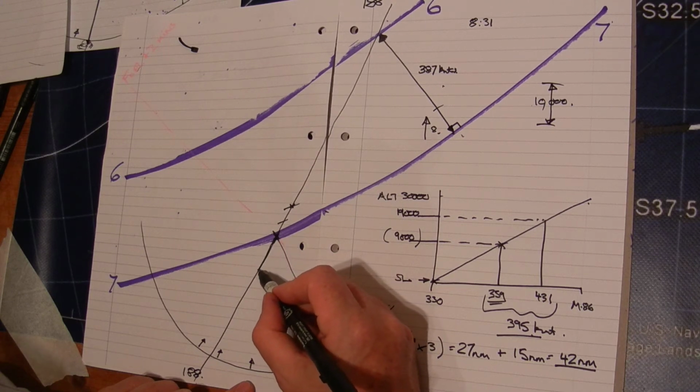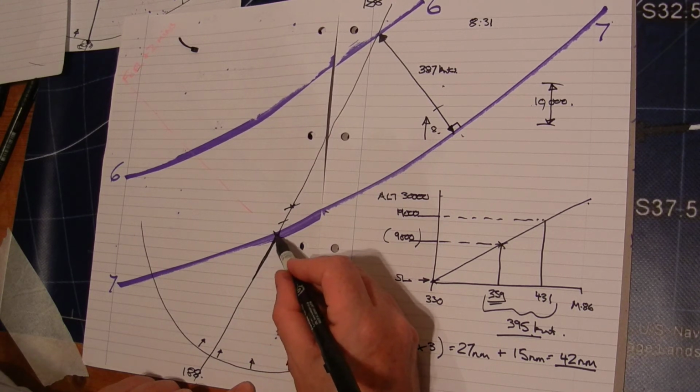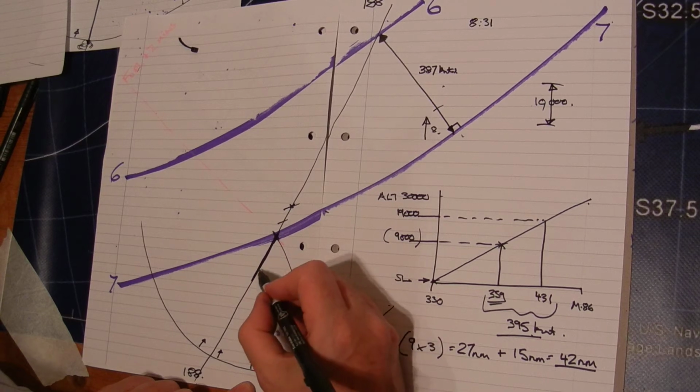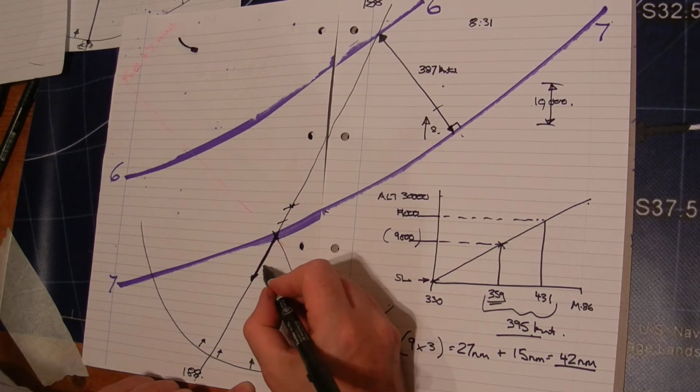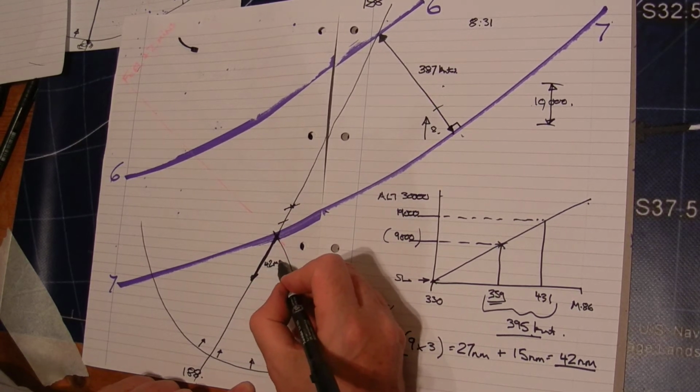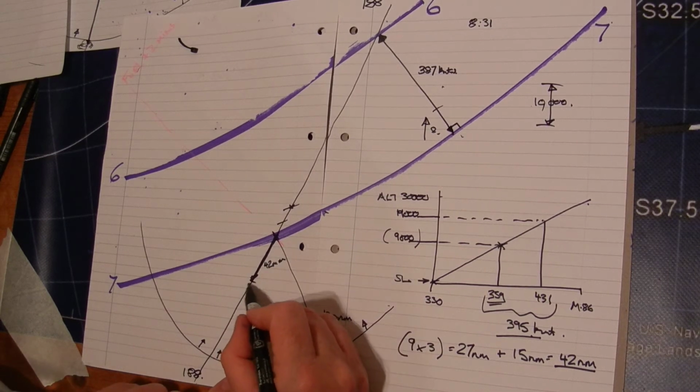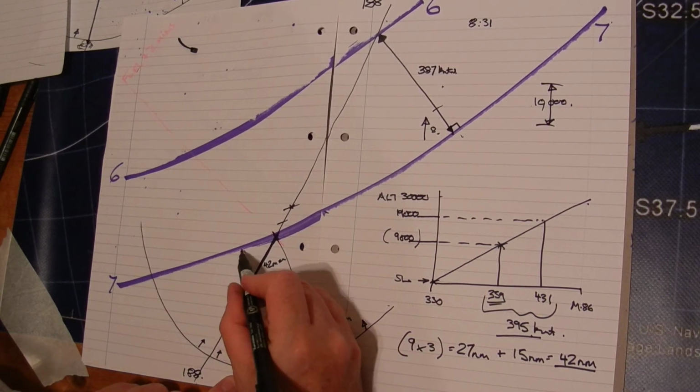So if we drew 42 miles down the 188, here's 42 miles down the 188, that produces a point which is a perpendicular distance from the 7th arc of 32 nautical miles.